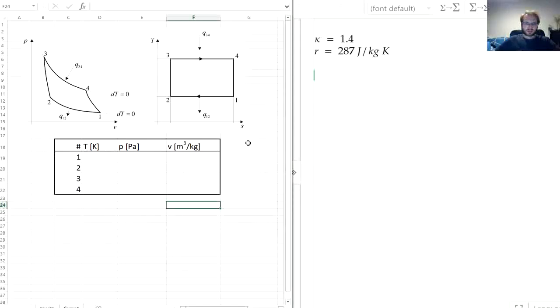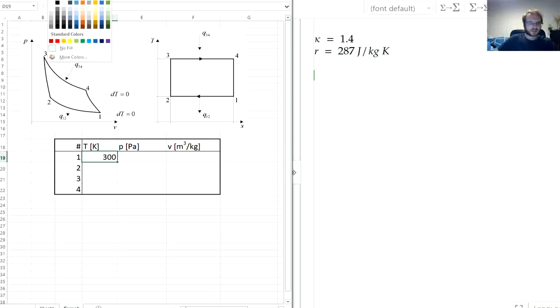So now let's calculate all the parameters for the nodes and for all the results that were required in the problem statement. Here let's draw a table with columns for temperature, pressure and volume, and let's immediately put in what was given, or what we know. We know that the low temperature in the cycle was 300 kelvins, that's temperature 1 and 2, so it's 300.